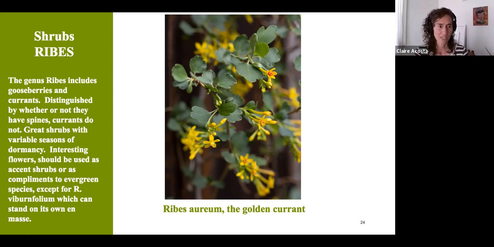So let's see, what else do I have? Compliments to evergreen. Like I said, the viburnifolium, the evergreen currant, you could plant on its own because it is evergreen, and it's called Catalina perfume. It has a very fragrant smell, which is kind of strong to me, but I suppose someone would like it.